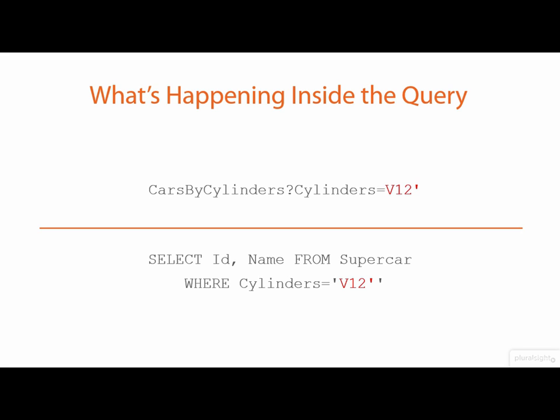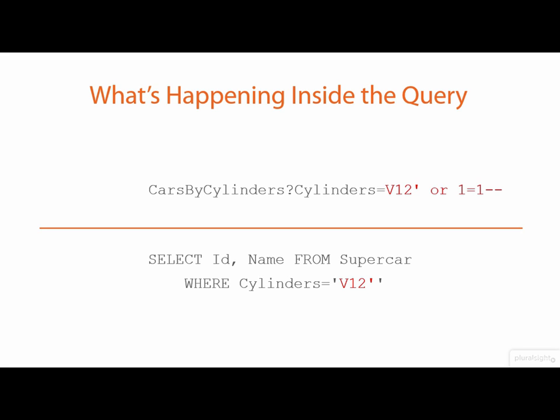We're going to look at that in more detail later on. For now, the important thing is that we know that there is an underlying SQL injection risk. So let's start to probe away at this a little bit. What if we change that query string parameter from V12 with a single quote to this?